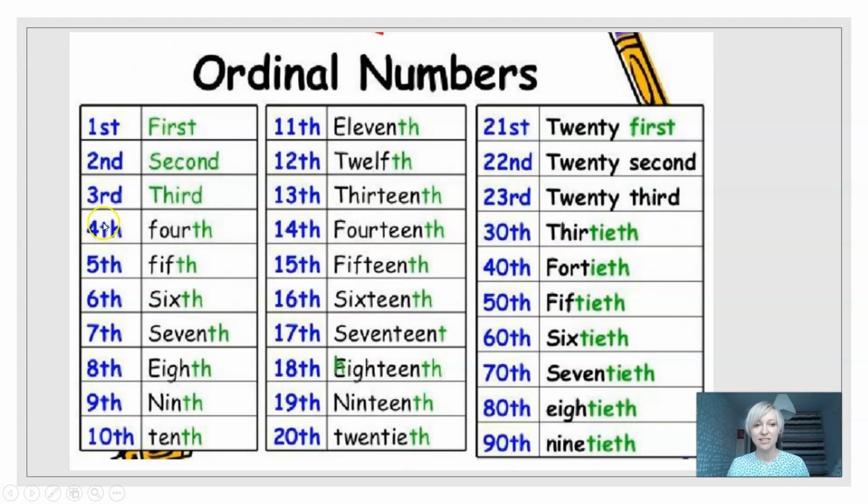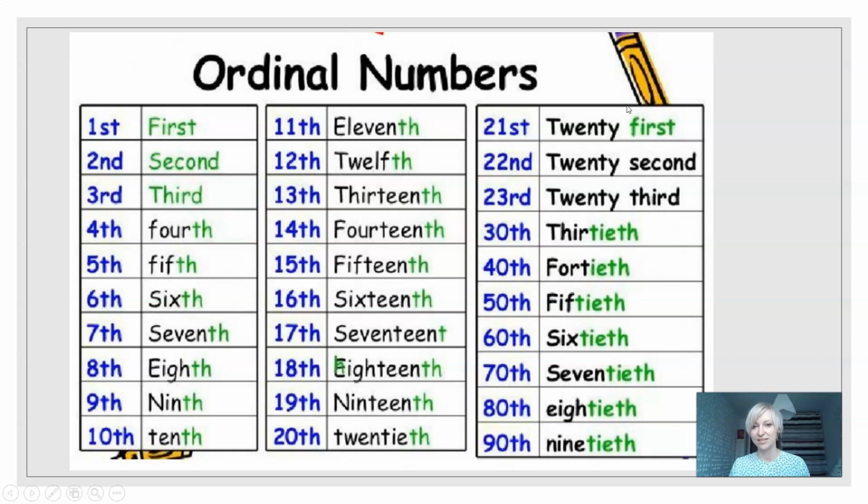And then we've got th, th, th at every number. So, fifth, 6th, 7th, 8th, 9th, 10th, 11th, 12th, 13th, 14th, 15th, 16th, 17th, 18th, 19th, 20th.